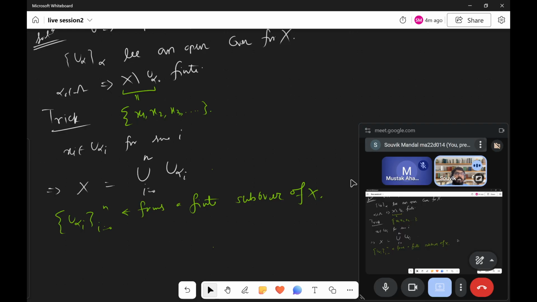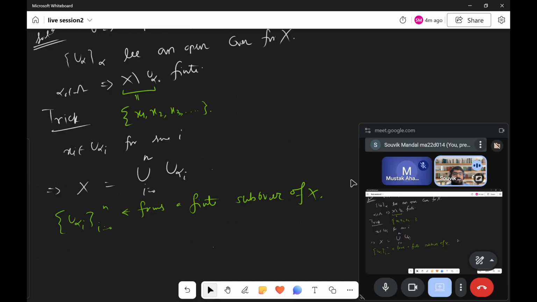That's all. There is nothing much to explain. So the trick is that we first choose a fixed open set, and its complement contains a finite set. So call it x1, x2, xn, and then x equals the union of u alpha. That's all.